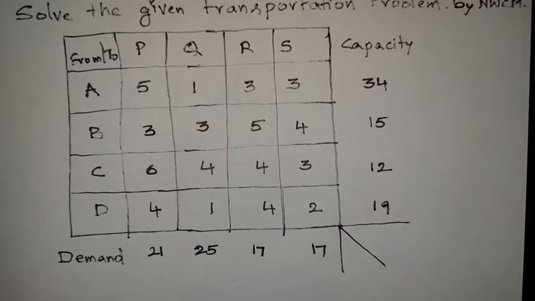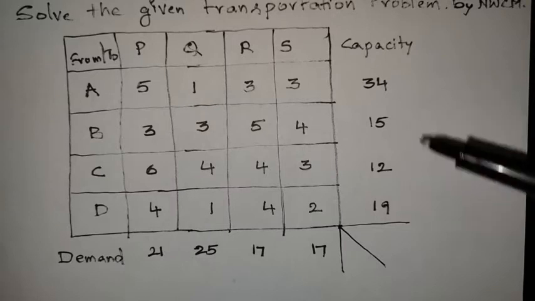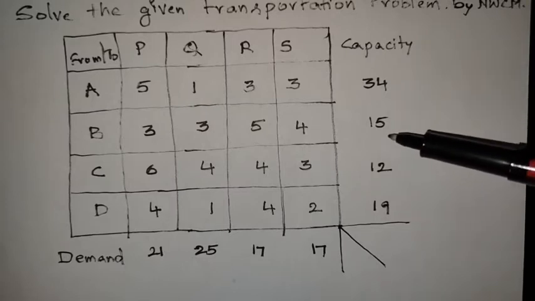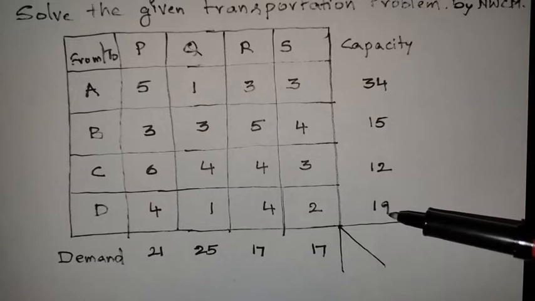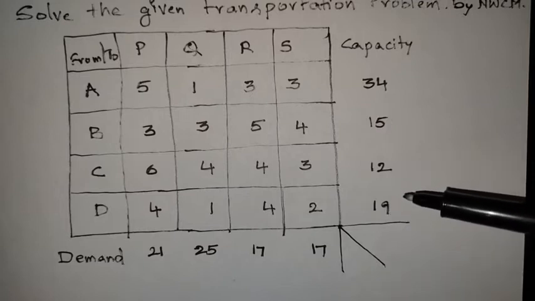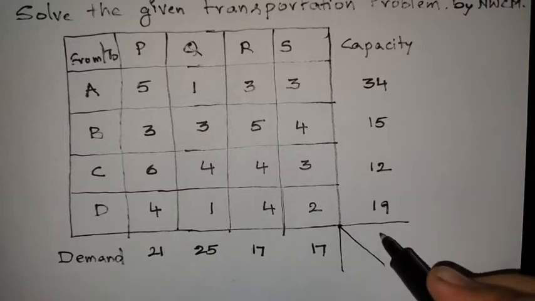First let us check the total capacity from the source places. 34 plus 15 plus 12 plus 19, how much will it be? 80.